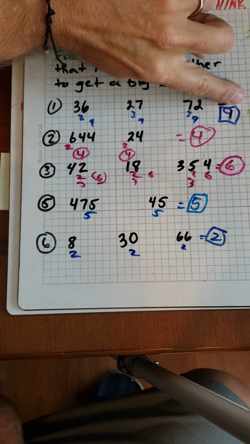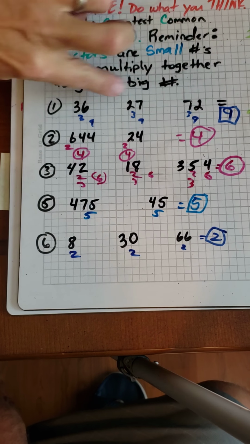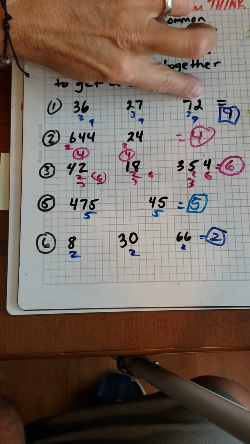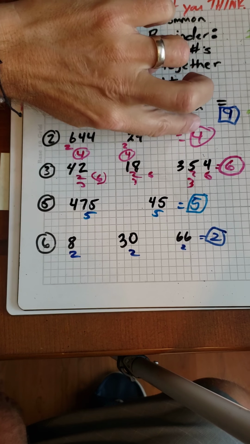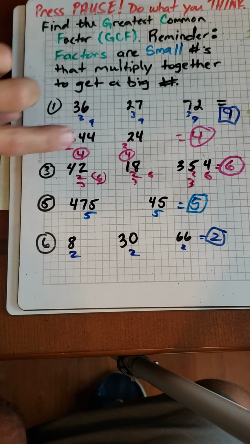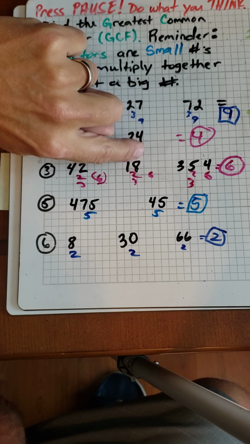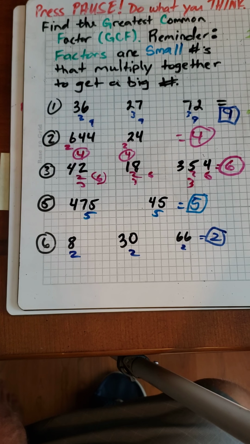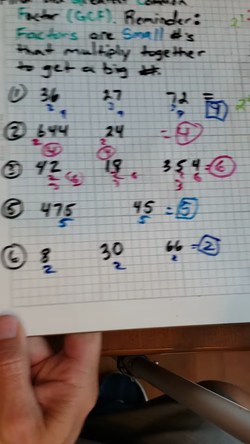Look at that number. It's 9. The greatest common factor for these three numbers was 9. 9 is smaller than 72. It's smaller than 27. It's smaller than 36. This one is 4. 4 is smaller than 24 and smaller than 644. So this factor is always going to be smaller than these numbers. It might be equal to it, but usually it's going to be smaller than it. Okay, so that's when factors are little.